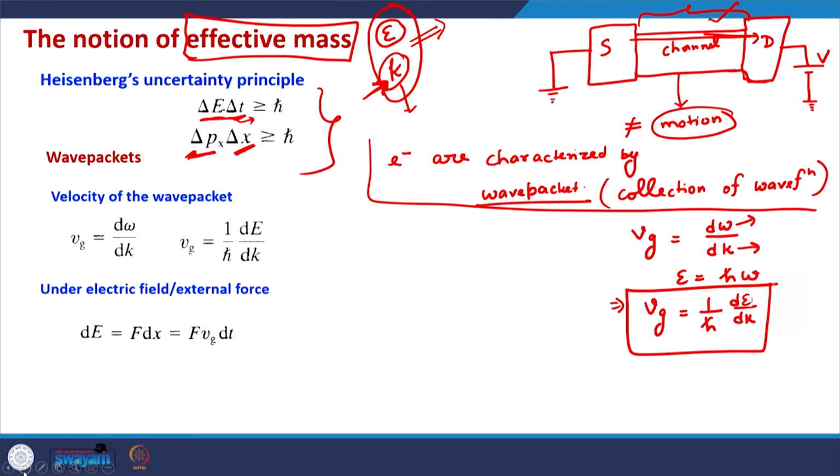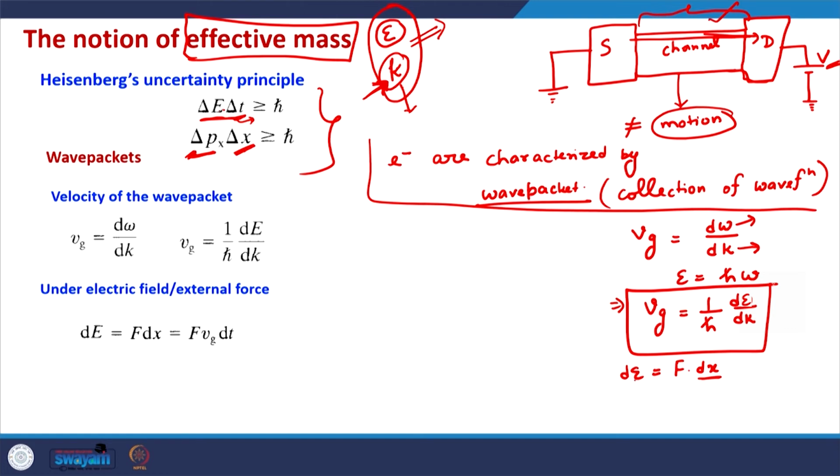If we apply a force F by virtue of an applied voltage using a battery, the amount of work done by this force will be F times dx, where dx is the displacement of the electron. This will also be the change in energy of the electron.